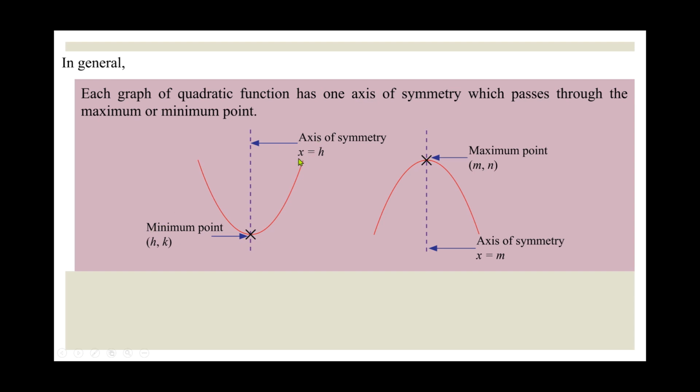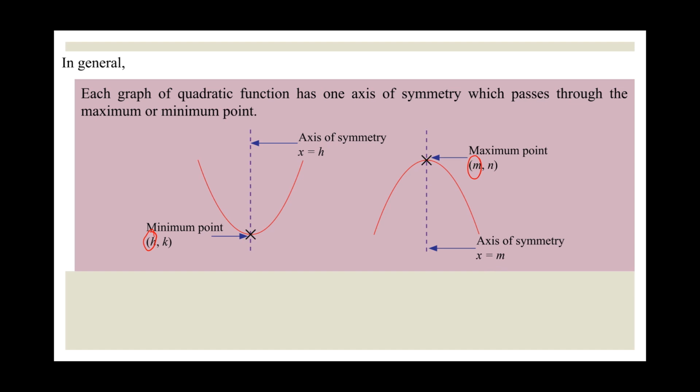That is x equal to h. We get the value of the axis from the value of the minimum point. Same with the maximum point. When you are given the maximum point (m, n), you can find out the axis of symmetry whereby the value of x is equal to the m given over here.